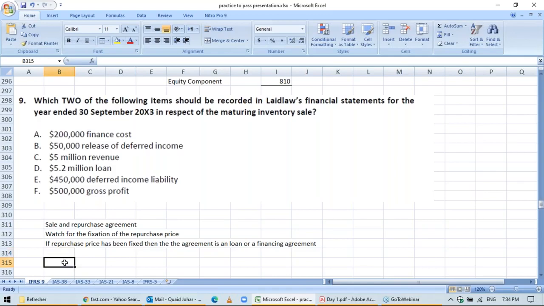So now what happens? The balance outstanding is 5 million, right? And the interest amount, the finance cost, the effective rate is 5%. So 5 million multiplied by 5%, it's in fact 4%.